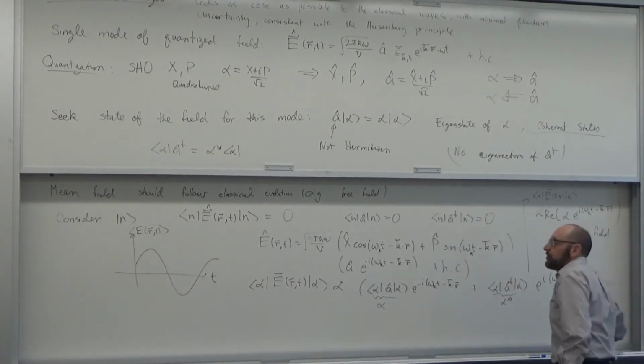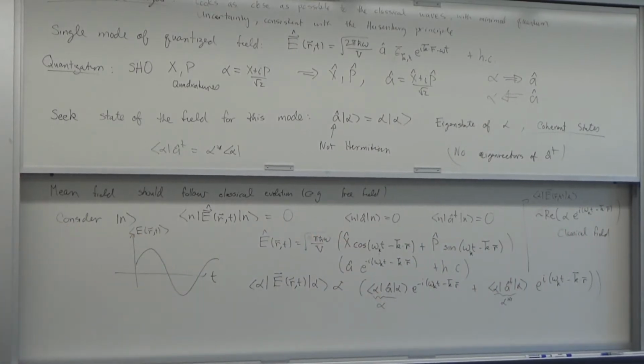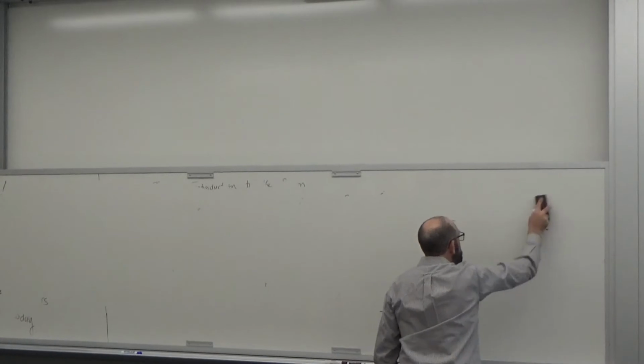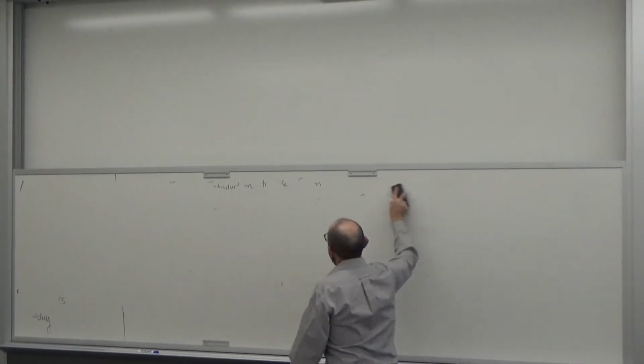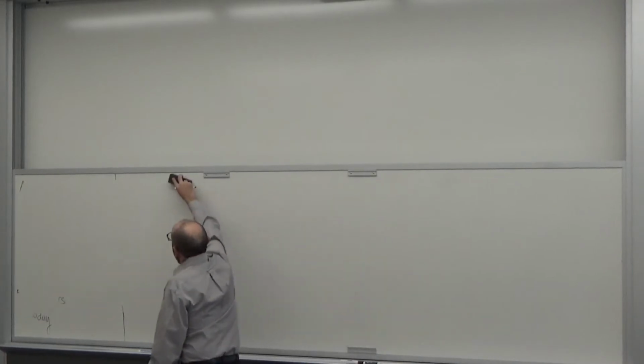Let's come back to this board. So, the mean electric field follows exactly the classical evolution of just that mode oscillating as a simple harmonic oscillator with two quadratures, or an amplitude and a phase.